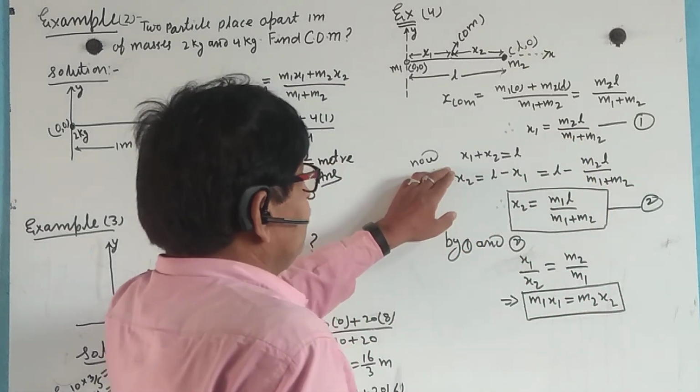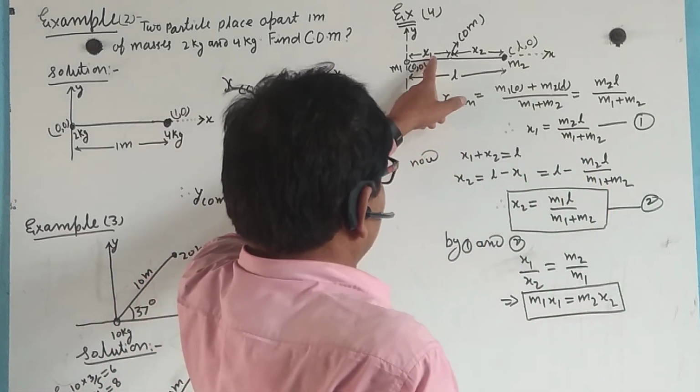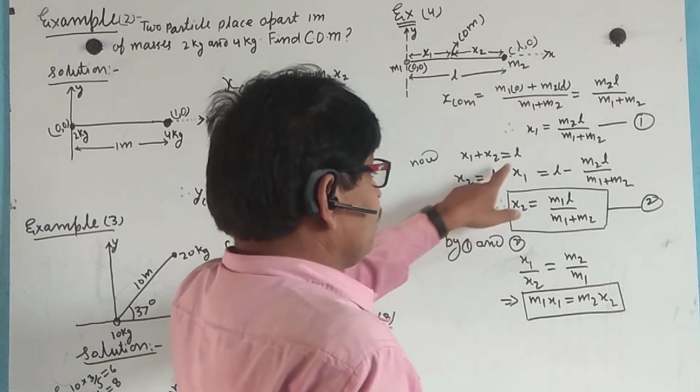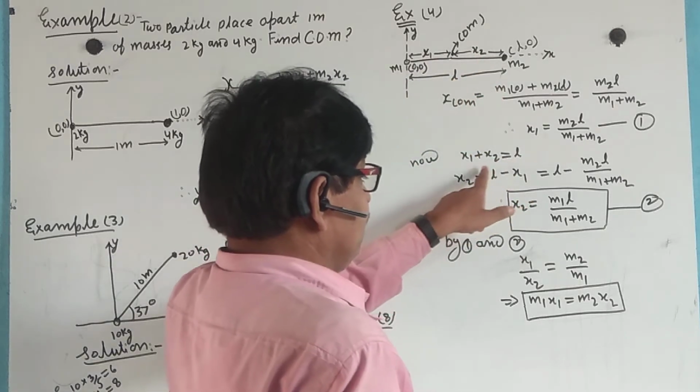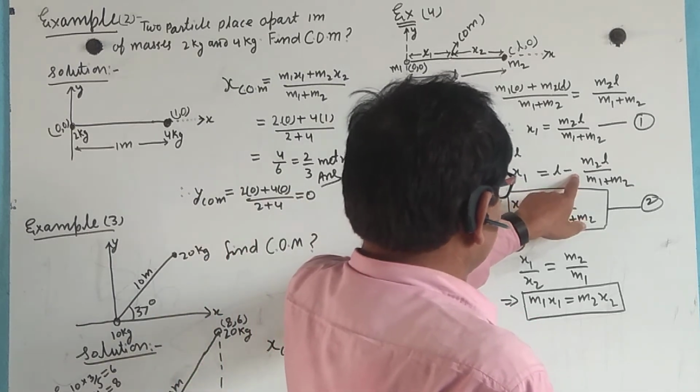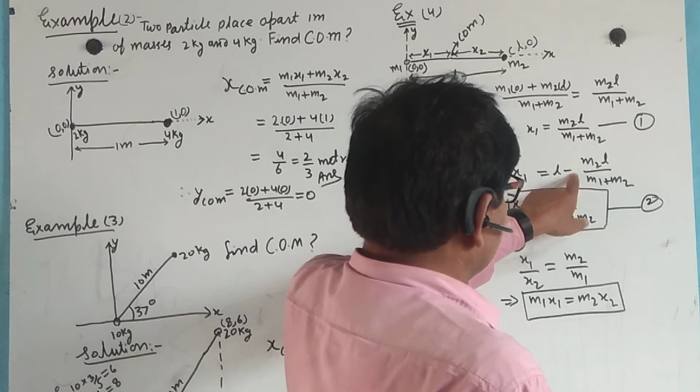As you know from this figure x1 plus x2 is equal to L, so x2 is equal to L minus x1.